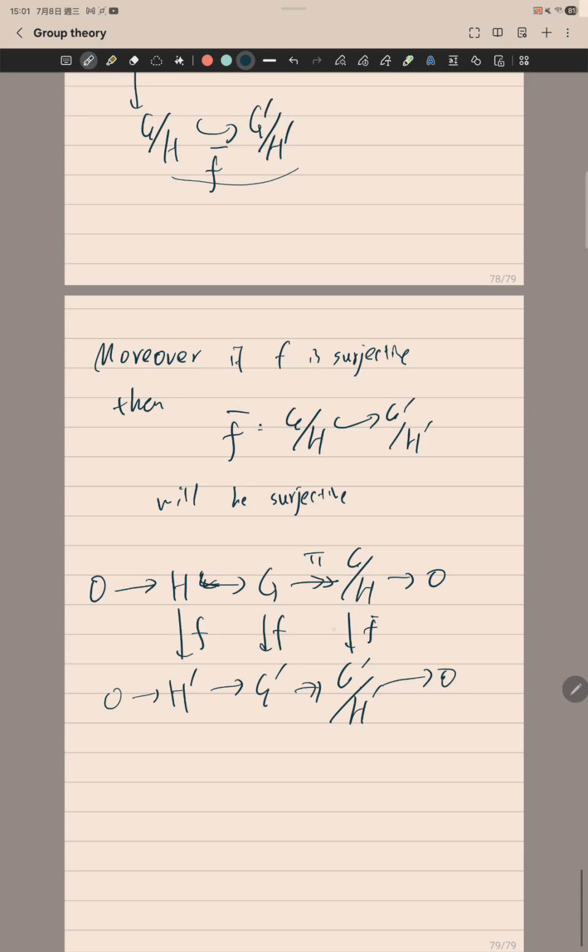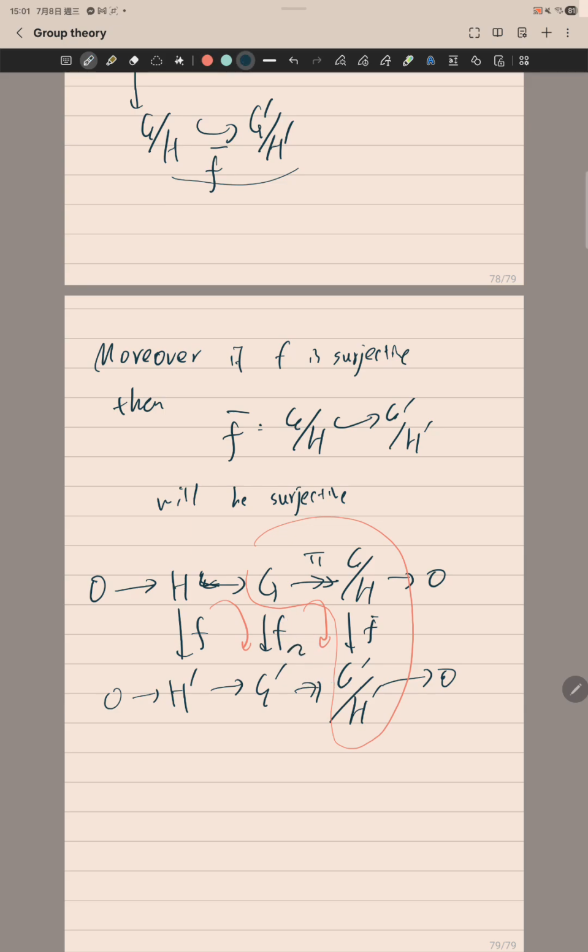Okay, so from this, probably not easy to see, but this diagram commutes by definition because this is just a simple restriction. And for this one, that is also commutative, for what we construct.